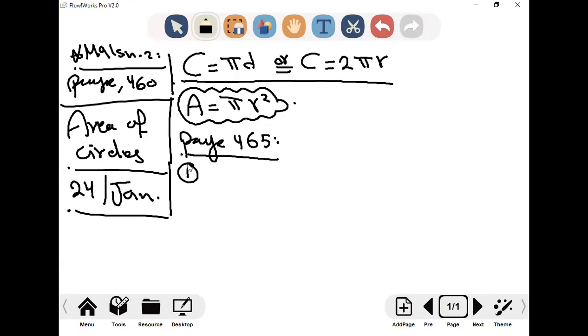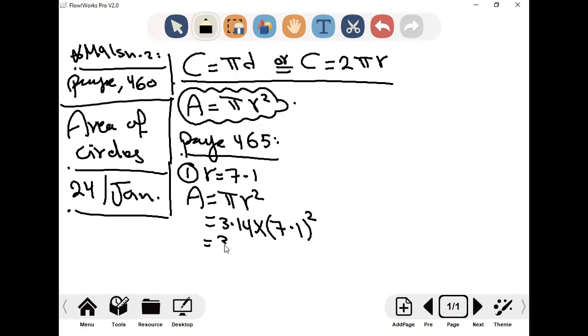In question 1, what's the radius? 7.1. In question 1, the radius is 7.1, and they want us to find the area of the circle. So A equals, we write the formula, pi multiplied by the radius to the power of 2, equals 3.14 multiplied by the radius, which is 7.1, to the power of 2.